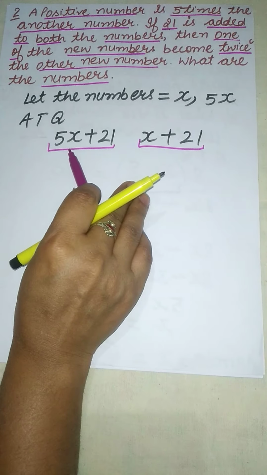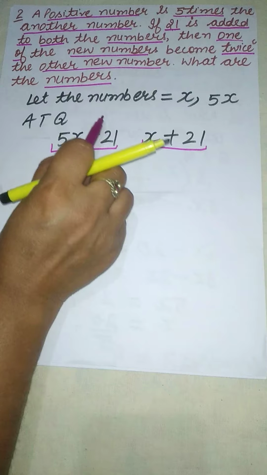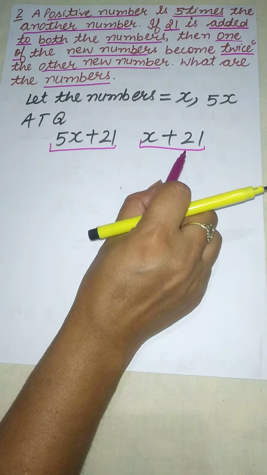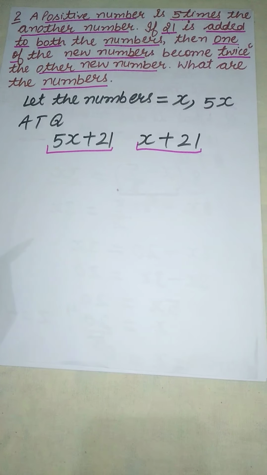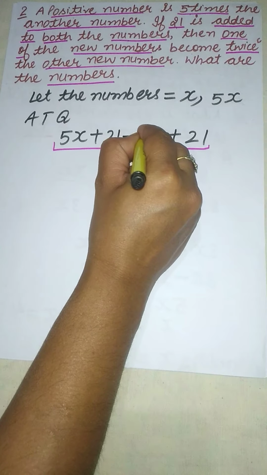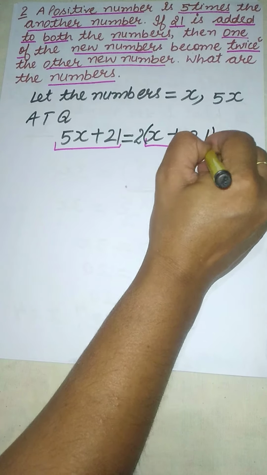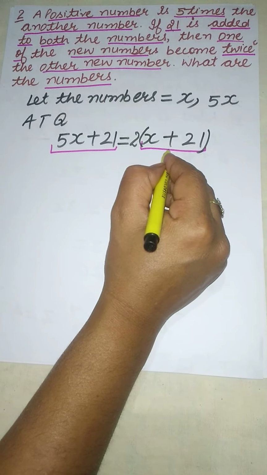It is clear from the given numbers that this number is greater than this number. So this number is twice the second number. If we want to make them equal, then we will multiply this number by 2. Then the two numbers will be equal.